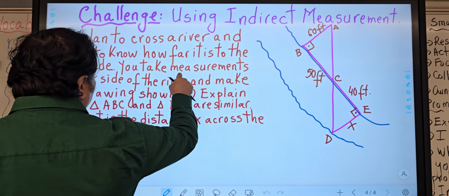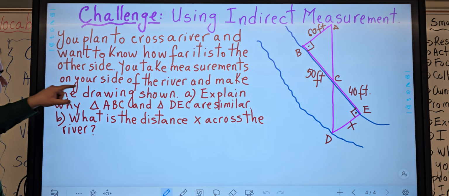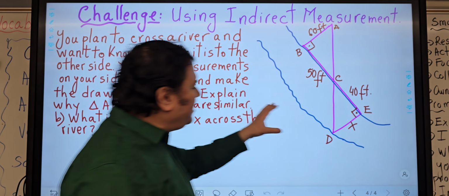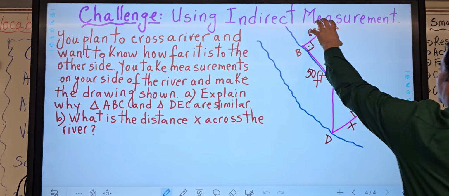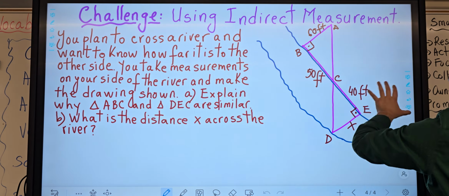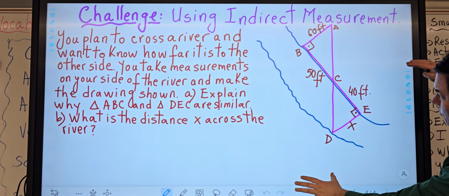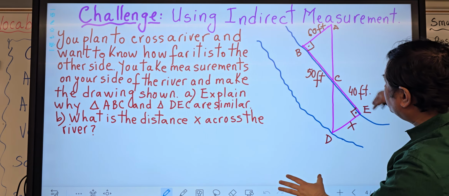You take measurements on your side of the river and make the drawing shown right here. You are on this side of the river and you want to cross to the other side, and you're taking some measurements.